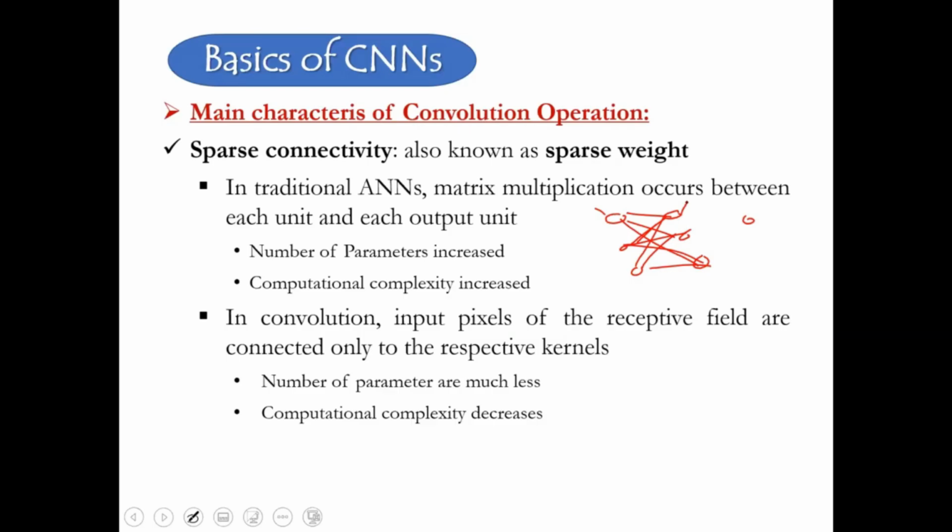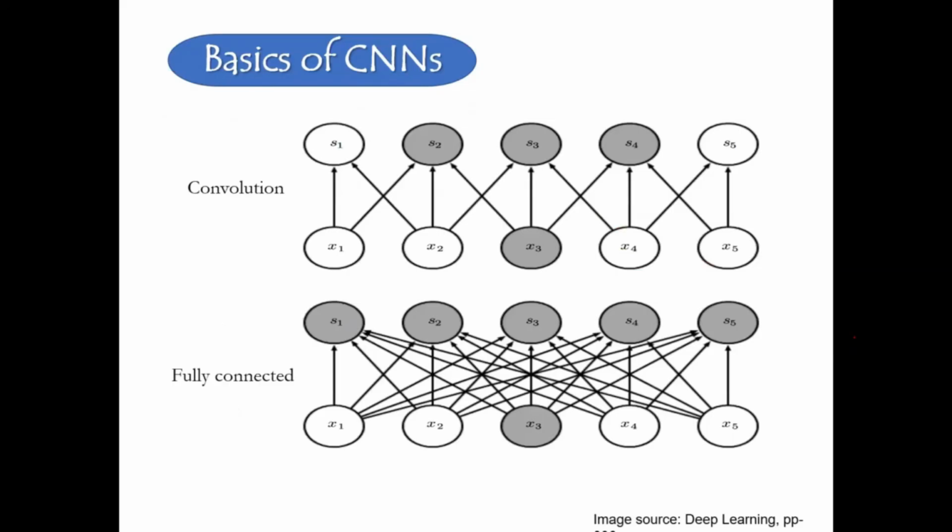But in case of the convolution, the pixels in the respective receptive field are connected only to the respective kernels, right? So the number of parameters is decreased and the computational complexity decreases. So let us see this image, right?